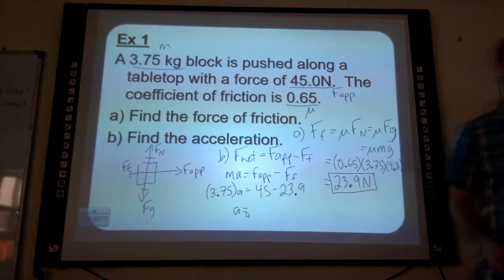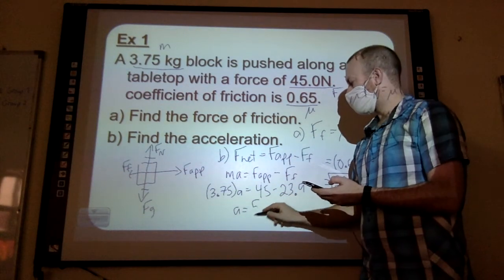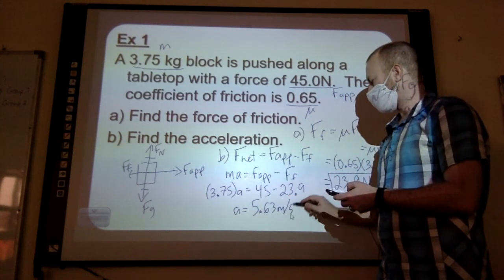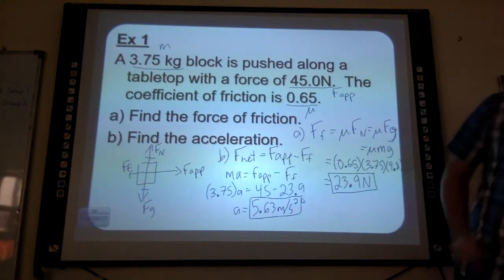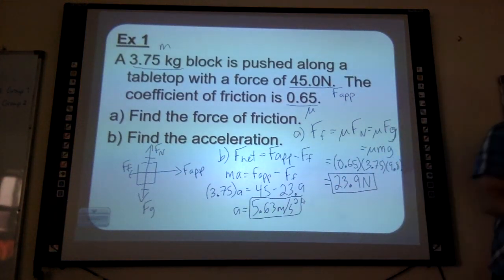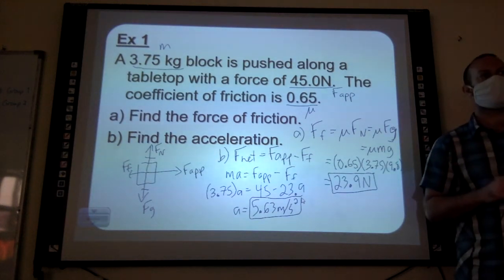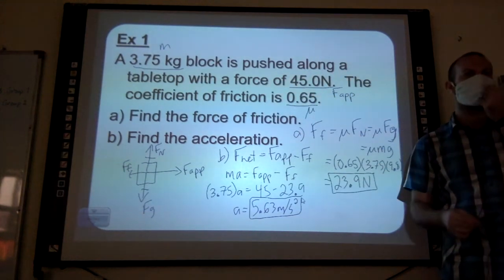So subtract, then divide, and we get with this 45 minus 23.9 divided by 3.75. So we get 5.63. Do I need to give direction in this answer? No. Why? Yeah, we have no direction given here, so our answer does not need direction.